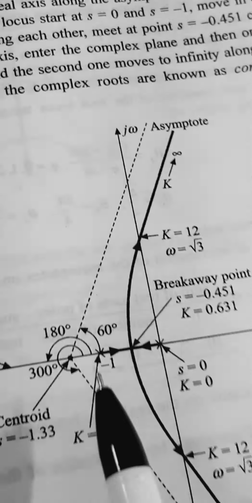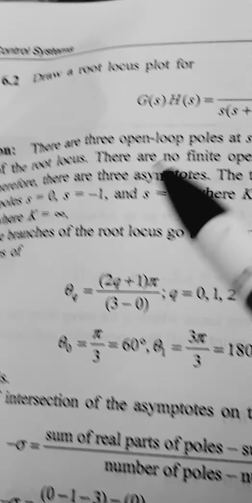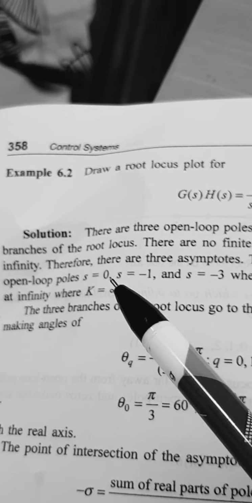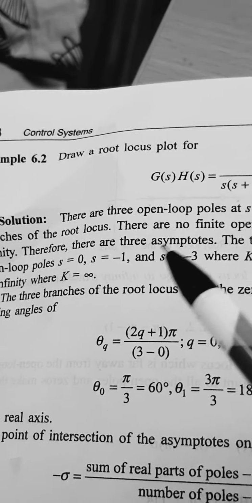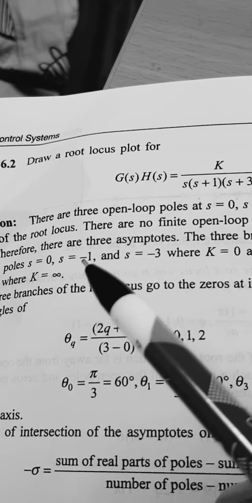So the minus sigma means on this side. In order to calculate the sum of real parts of the poles, it is 0 plus minus 1 plus minus 3. So you are getting minus 4.